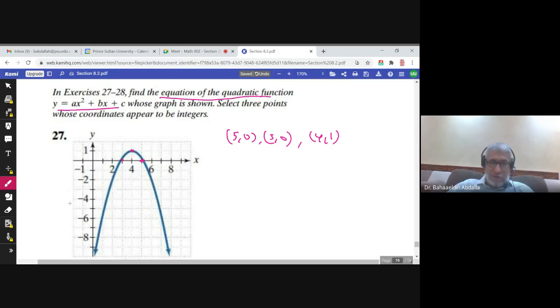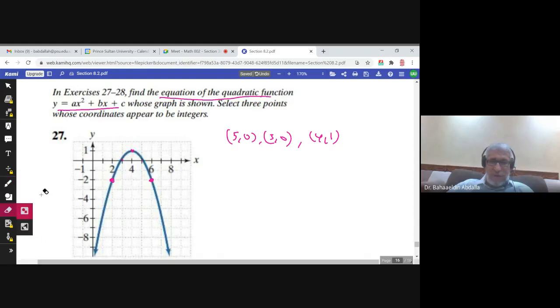If I am not sure about the points (5, 0) and (3, 0), maybe they are not exactly there. If you choose a point, you must search for a point that is accurate. I think the point (4, 1) would be okay.